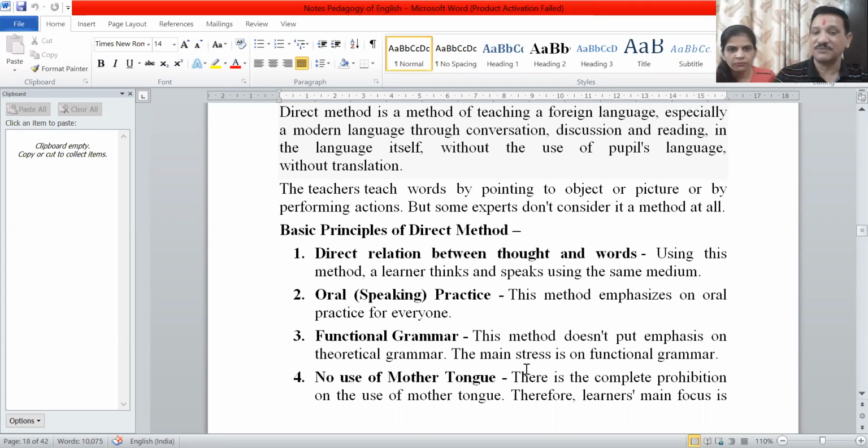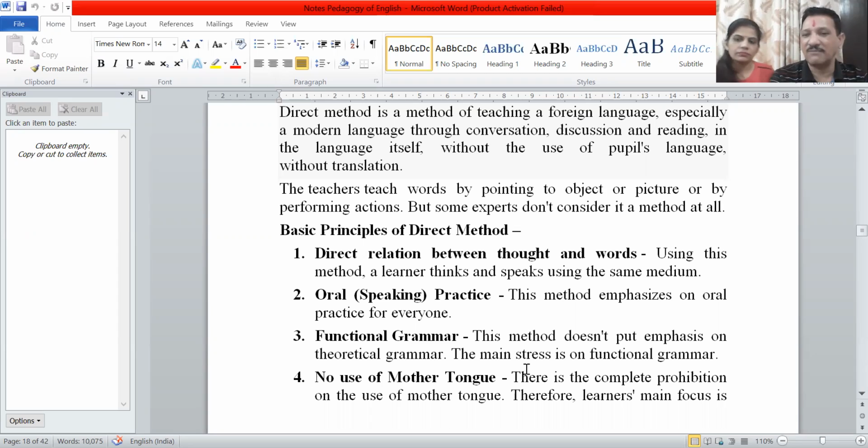That is the first principle: direct relation between thought and words. Second is oral or speaking practice. It is very necessary. If you want to be fluent in English, we have to do oral practice. Oral means we have to speak in English. Whether it is right or wrong doesn't matter.